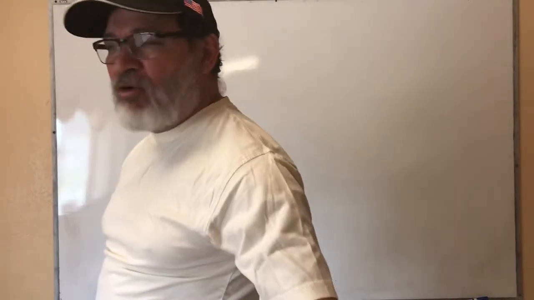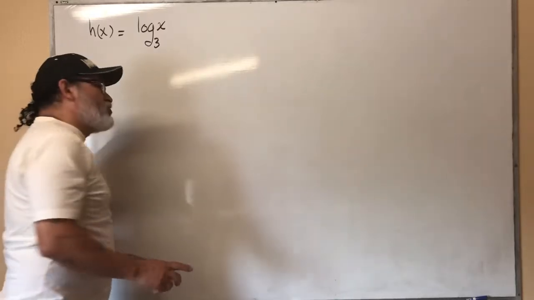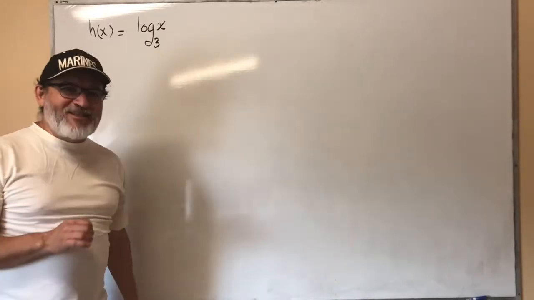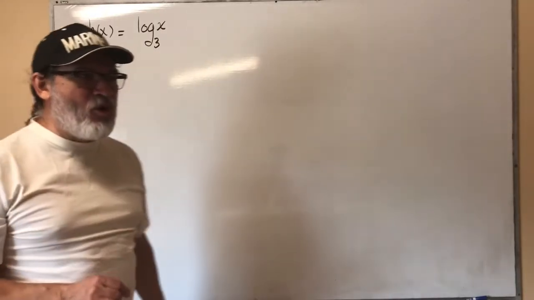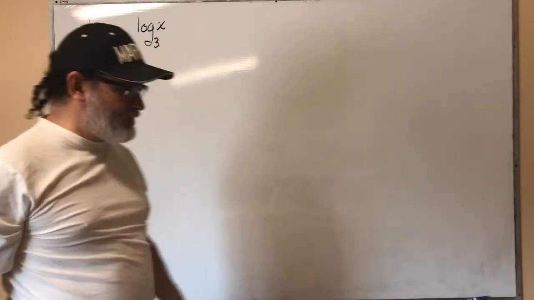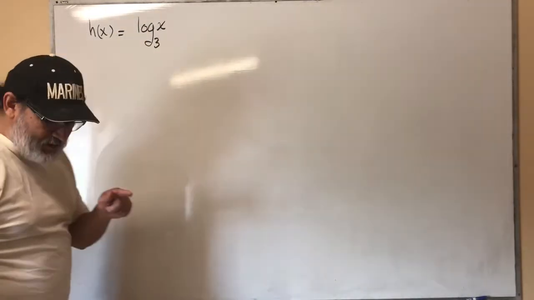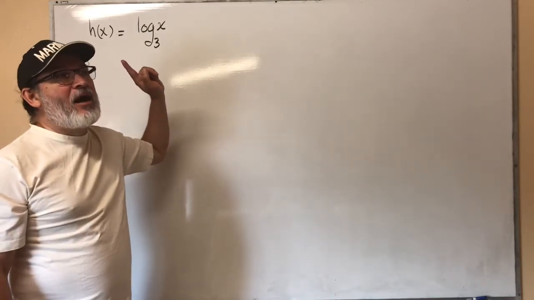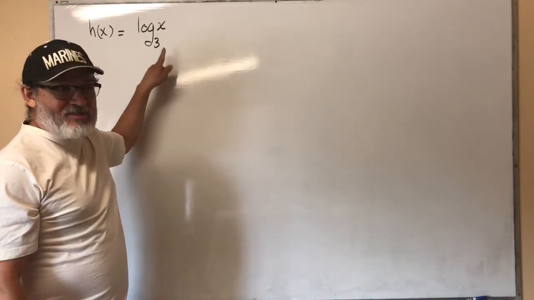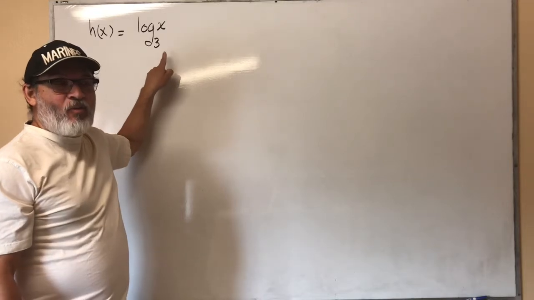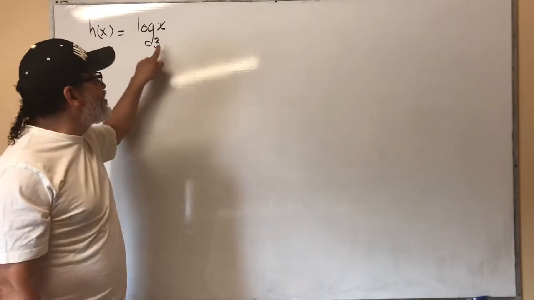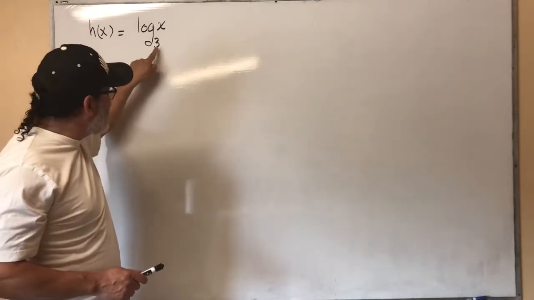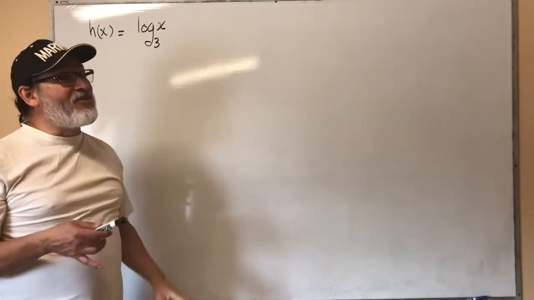When you make a table, make sure you pick smart values for x. Don't forget, this comes from an exponential where the base is 3. Remember this, base 3 is the base of an exponential.